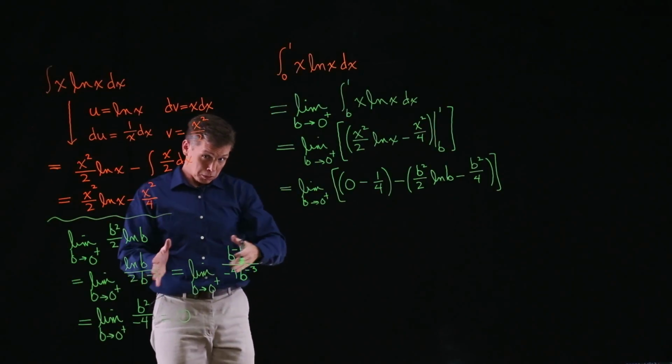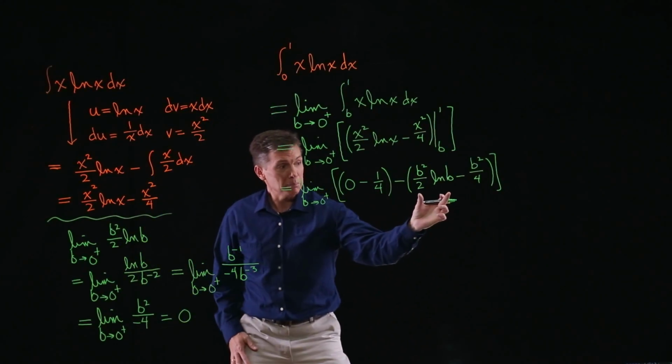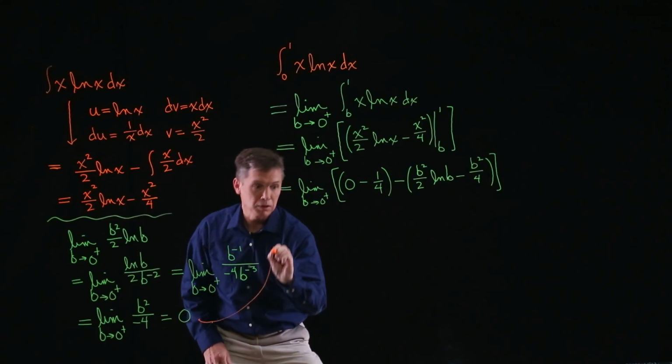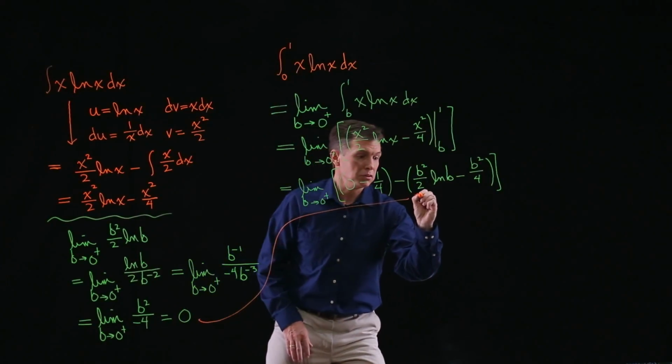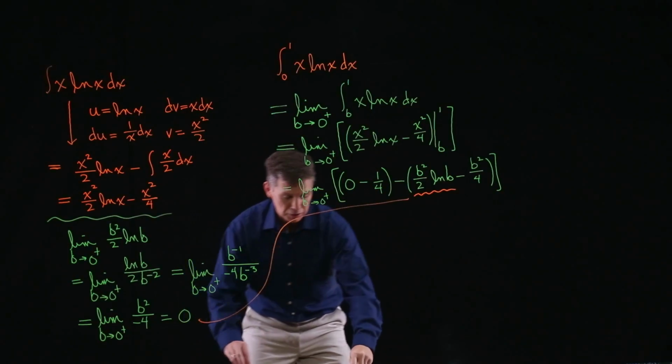But that work tells me over here now, let's finish this problem. I now know that that part is going to go to 0, from this work here. All right, let's finish.